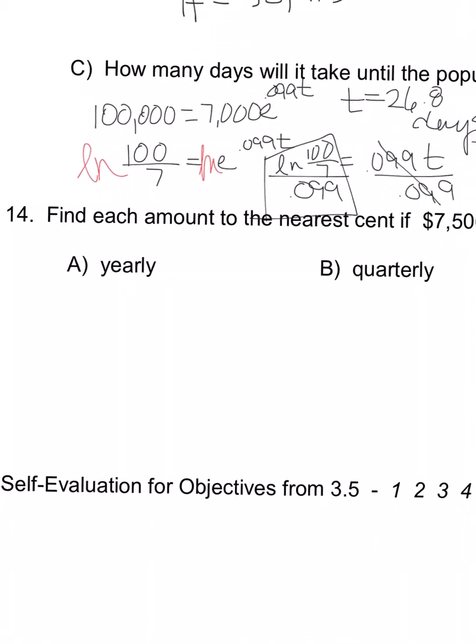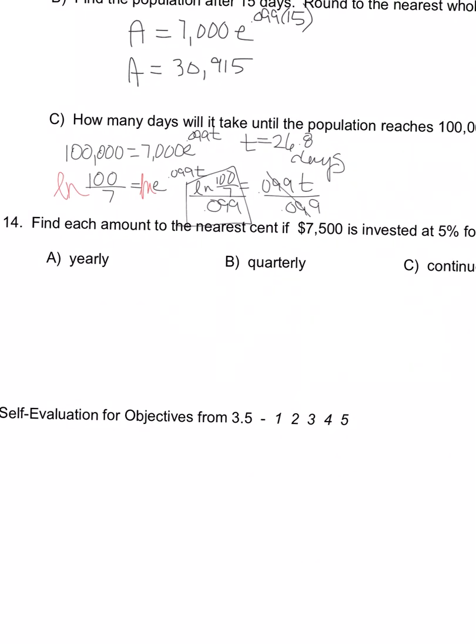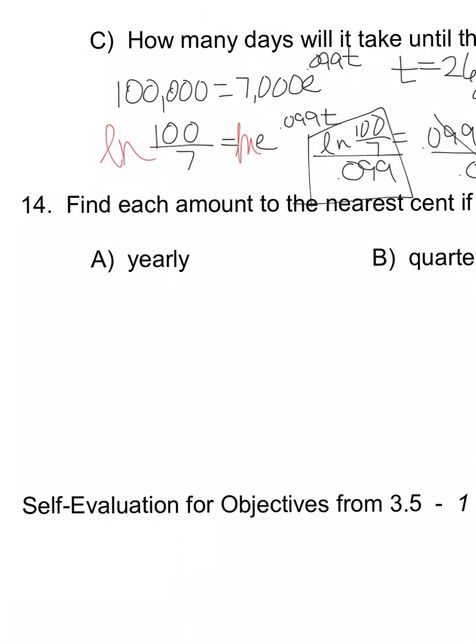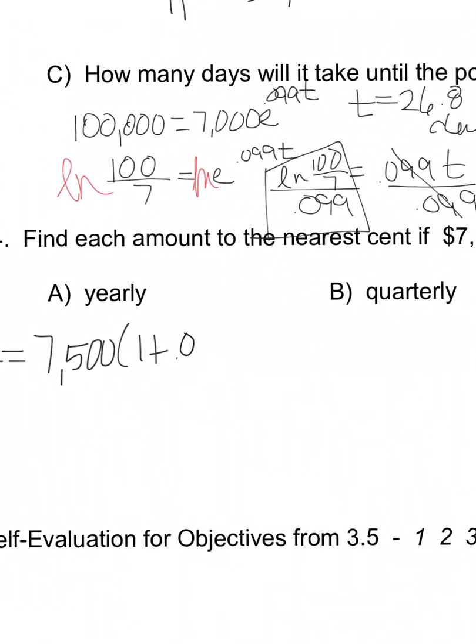Find each amount to the nearest cent if $7,500 is invested at 5% for 30 years, compounded yearly. So yearly, we know we're going to use our 1 plus r over n to the nt. We're starting out with 7,500. We have 1 plus the rate, which is 5%, so it's 0.05, and that's to the 30th power.